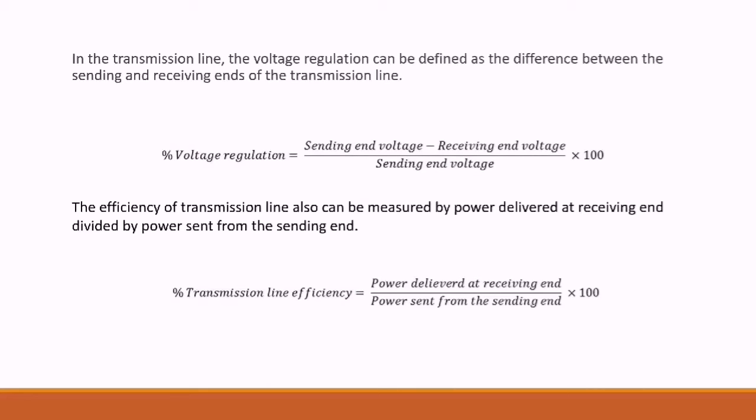The second formula is about the efficiency of the transmission line, also measured by percentage: transmission line efficiency is equal to power delivered at the receiving end over power sent from the sending end, times 100.